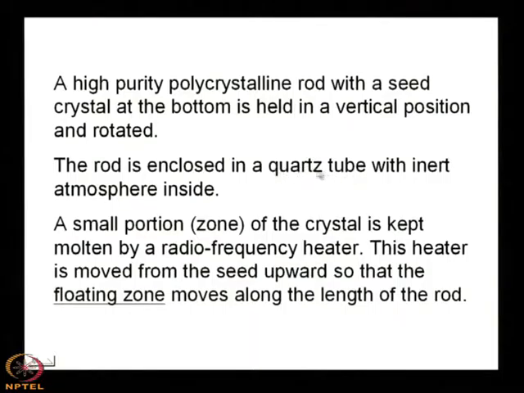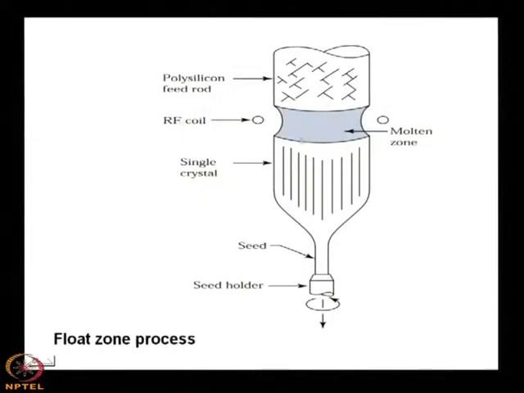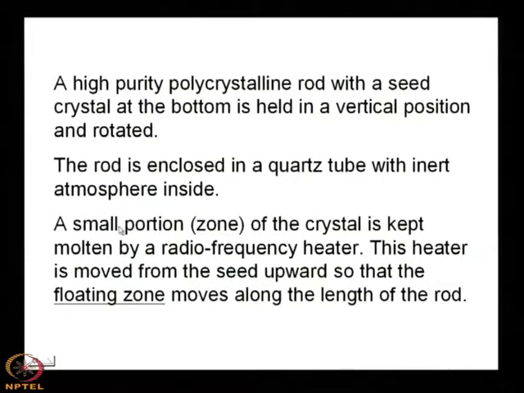Here also you see that the rod is enclosed in a quartz tube with inert atmosphere inside. That means, this is your rod and it is fully covered with a quartz tube, and inside there is an inert atmosphere. A small portion of the crystal, this small portion, is known as the zone, Z-O-N-E. So, the name of this technique is float zone technique.